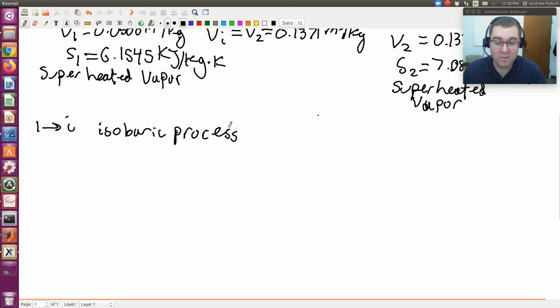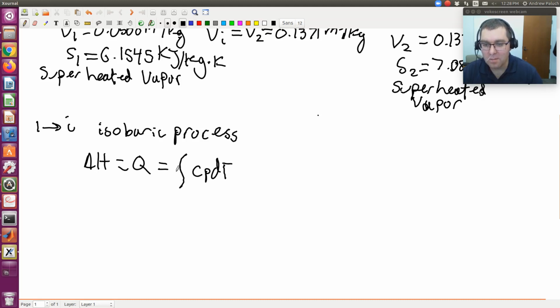So key is to remember our first law balance for an isobaric process. If we have a process at constant pressure, from chapter 3 we found that our first law balance reduced to delta H equal to Q, which would be the integral of Cp dT from our initial state to that intermediate state.